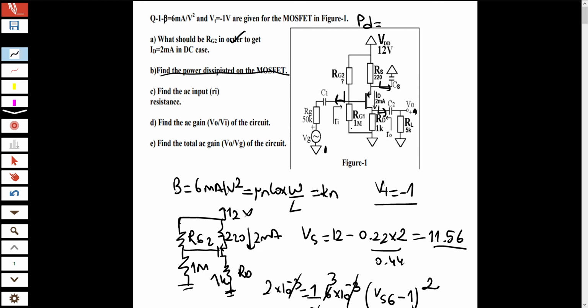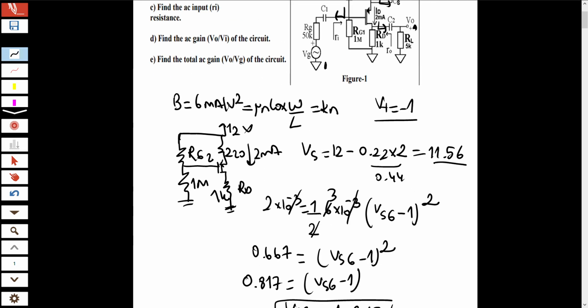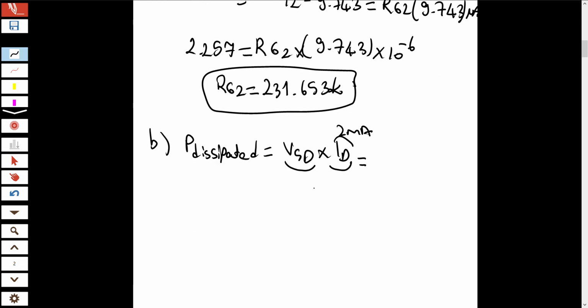Look at here, in DC case, ID is 2 milliampere flowing through here. This is 1K, this is ground, so V drain equals 2 volts. So I know V source equals 11.56. So V source drain becomes 9.56 times 2 milliampere, and it is equal to 19.11 milliwatts. So this is B.